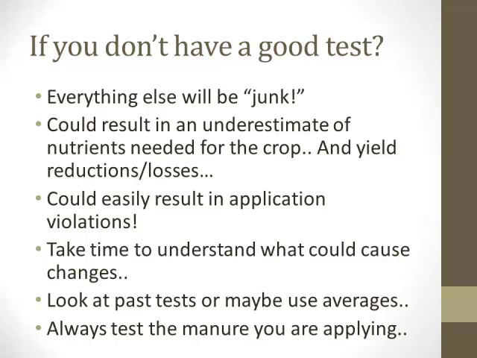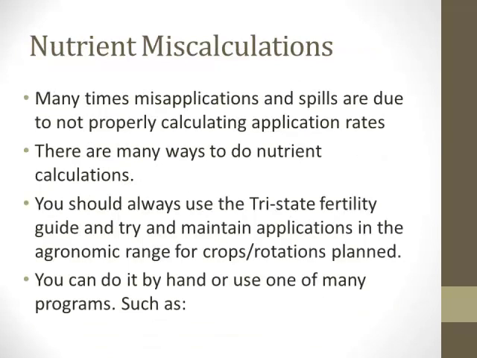Look at long-term averages to get a better idea. And again, always test the manure that you are applying. If you're applying out of different structures or you're applying without agitation, still get those samples so you know what's being applied.